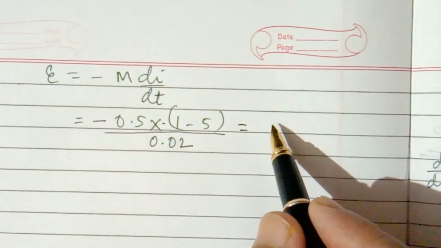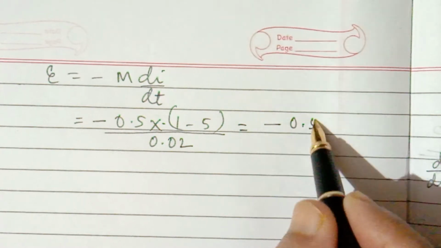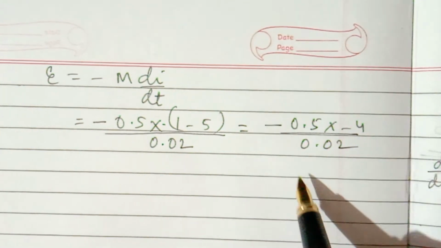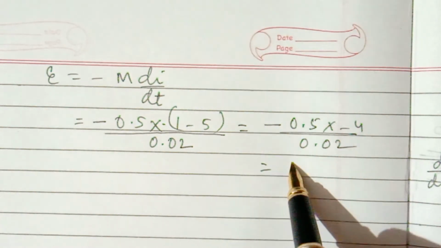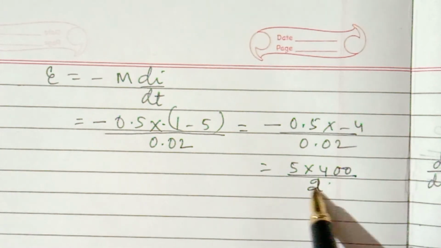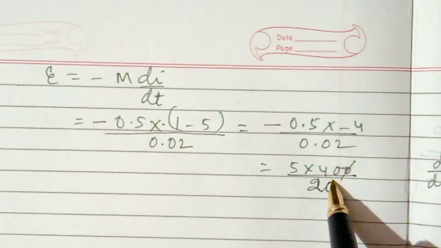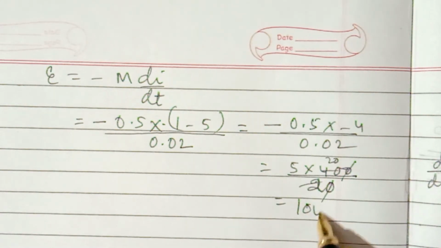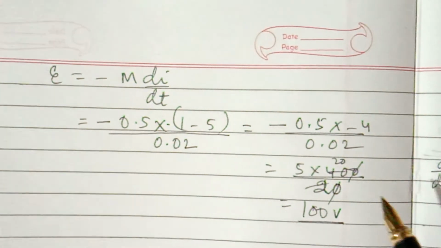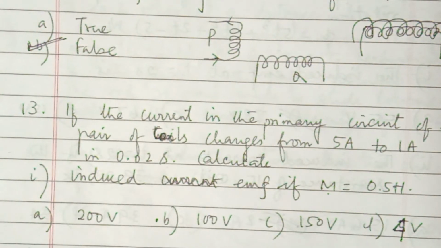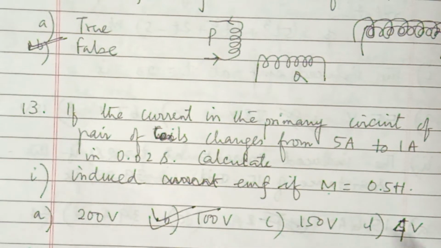Then minus 0.5 into minus 4 by 0.02. Then 5 into 4 is 20, so we get 100 volt. Then you can mark this option as correct: 100 volt.